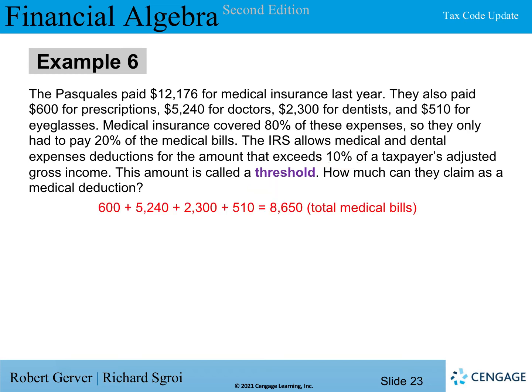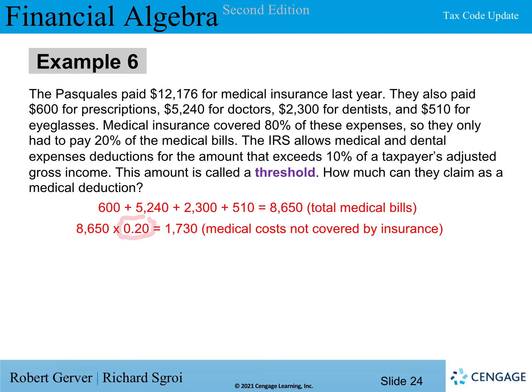First of all, let's add up all their medical deductions, the $600, the $5,240, the $2,300, the $510, and come out with $8,650 for their total medical bills. Well, insurance covered 80% of this, so they had to pay 20% of this.